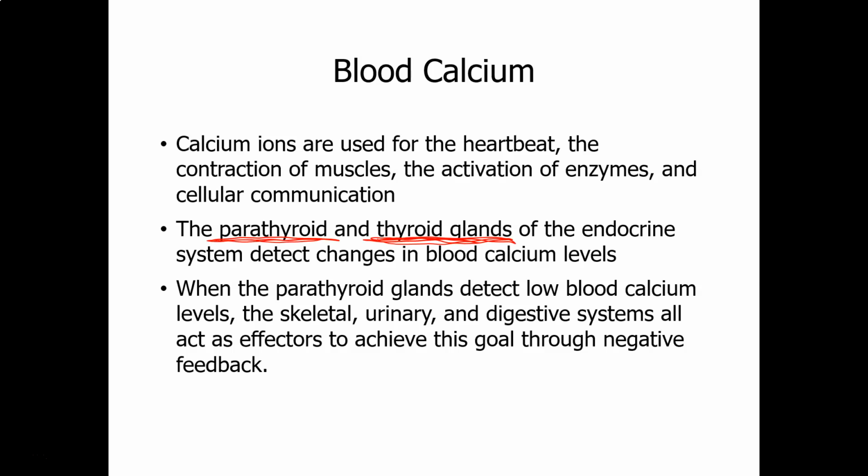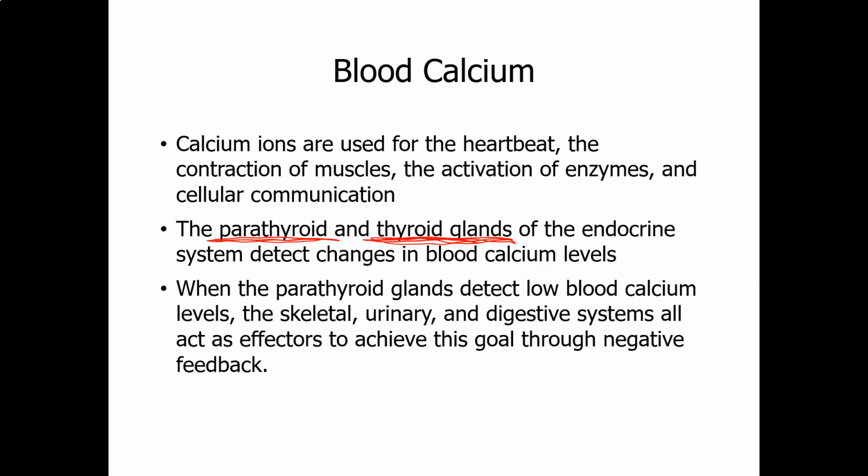Calcium can also help activate enzymes, and calcium is also used in cellular communication in the series of chemical pathways that are involved in sending signals from cells to cells. So what the parathyroid gland does is it raises blood calcium levels when it's too low.